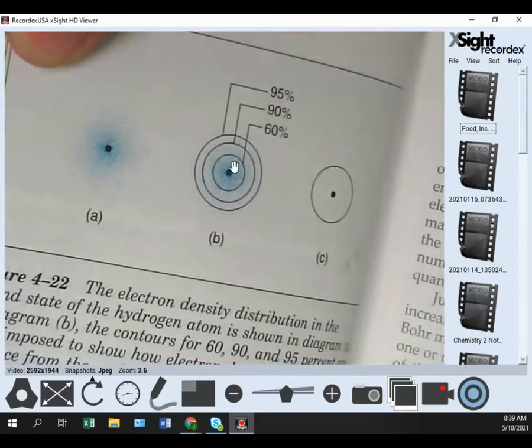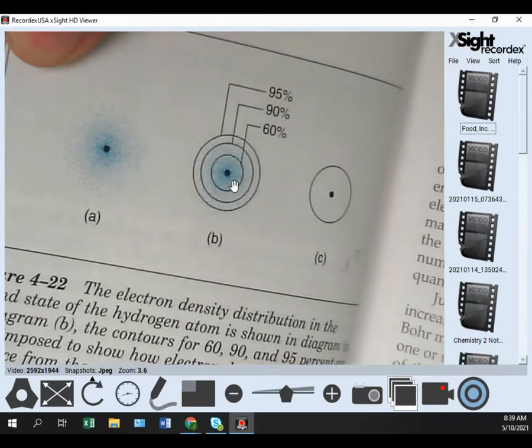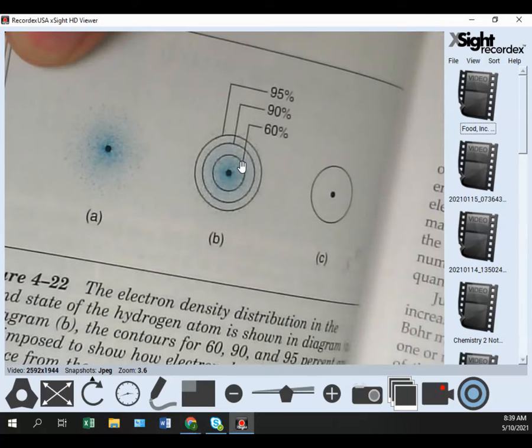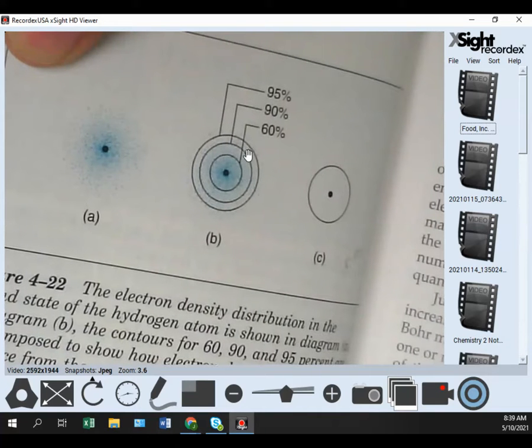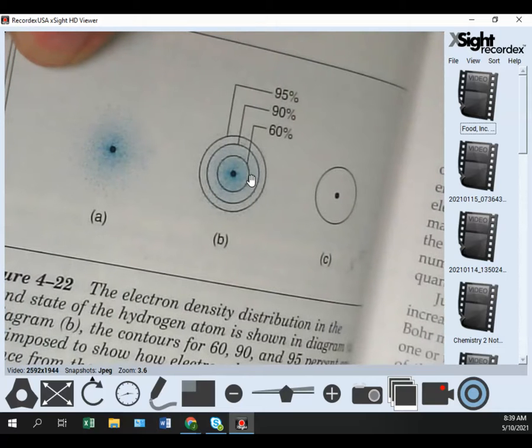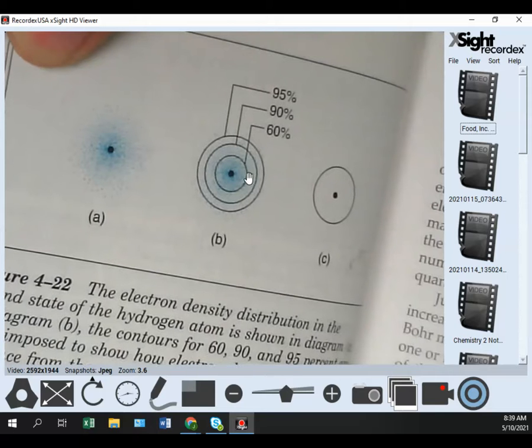Okay, so like this line right here, you have a 60% chance of finding the electron in here. This line here, you have a 90% chance. Now remember, it's from that line to the nucleus. So no, you don't have a better chance out here.